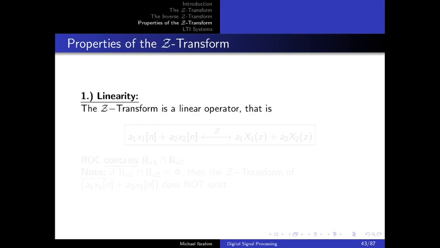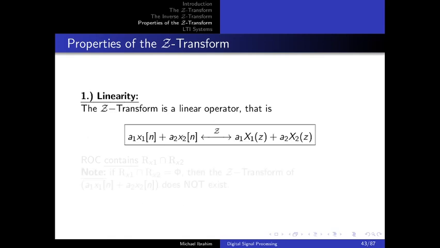It simply says that the Z transform is a linear operator. And this simply means that if we have a sequence x1 of n, whose Z transform is X1 of z, and whose region of convergence is Rx1, and we know another sequence x2 of n, whose Z transform is X2 of z, and whose region of convergence is Rx2.